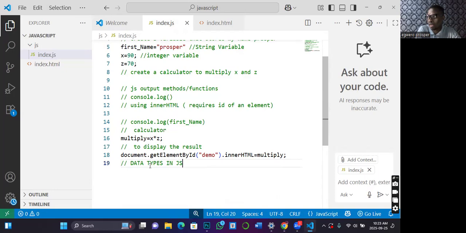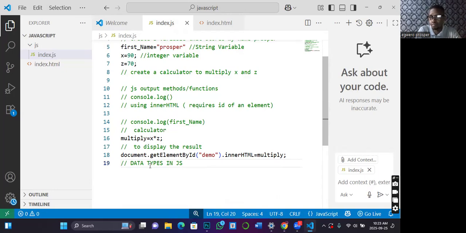So when we say type, we are indirectly saying the kind of information this programming language can manage or can be used to program in this language. So let's put it in proper context.